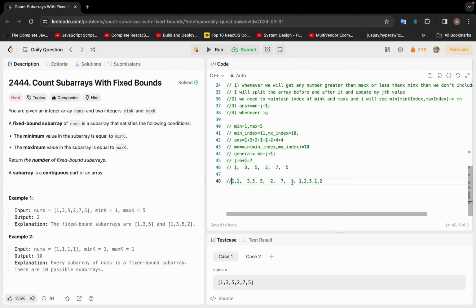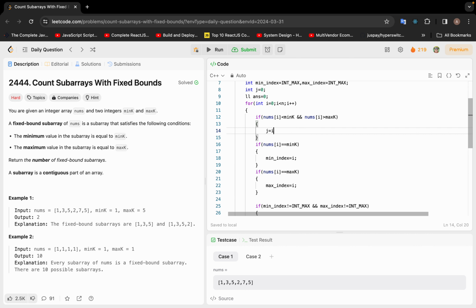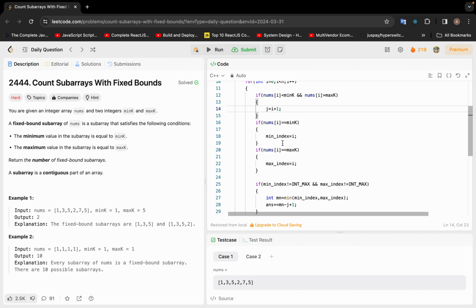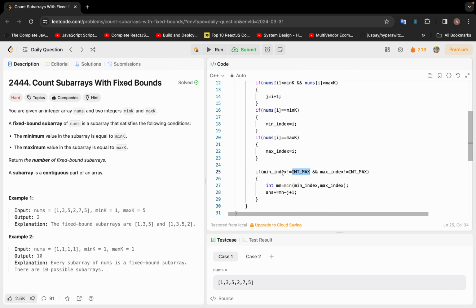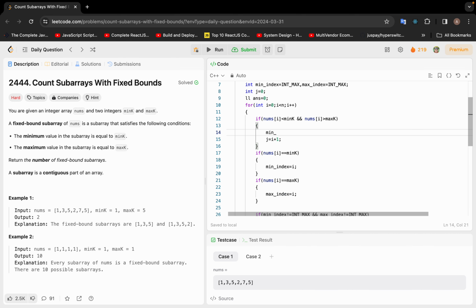It should shift to after this 7. So I need to shift this j to i plus 1, and also I need to update my index to int max again.